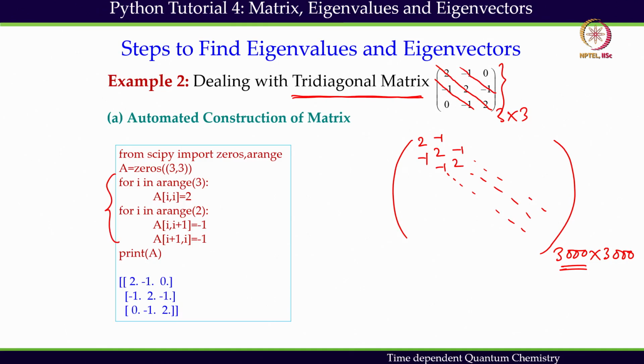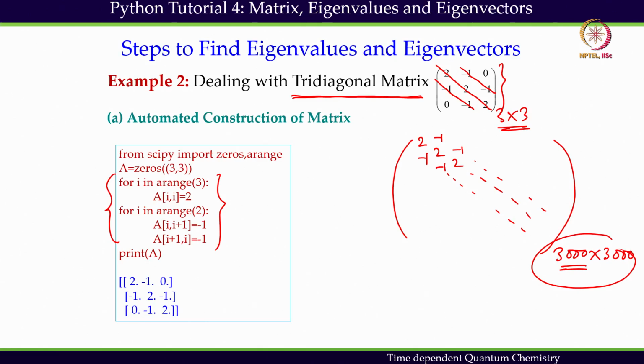For a matrix of, let us say, 3 by 3 or 2 by 2 dimension, we may not need a for loop. We can manually re-enter the values of each element. But if you are constructing a very large matrix, then a for loop would be the only option, and one should make use of this automated option. So, we will look at how to automate the process.